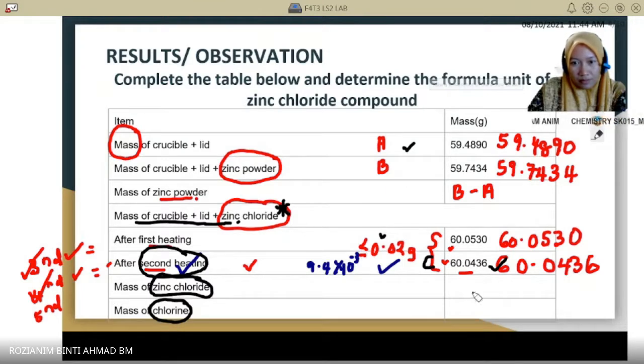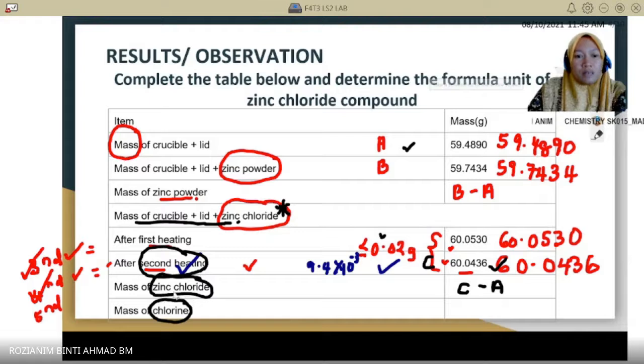How you get mass chlorine? Tadi kita dapat zinc chloride. Saya nak chlorine sahaja. What should we do? Kita nak chlorine ni only. So kita nak buang zinc. Macam mana kita nak kira dia? Tolak mass of zinc. Yes, betul.